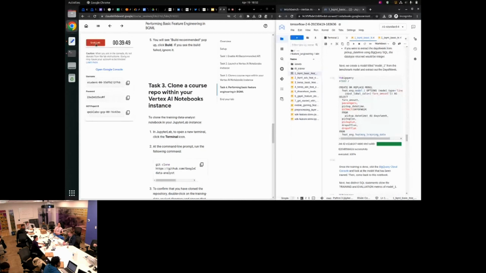The transformations are done by adding additional columns to the select list that is going back to the original public data source. So that's a lot of what makes BigQuery and BQML so convenient, especially if you're using a public data source, or if you have your own, it would be the same thing.